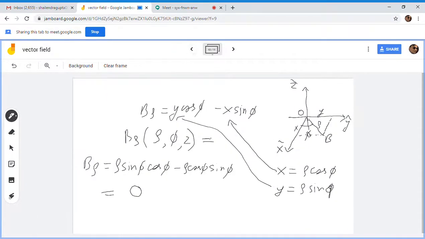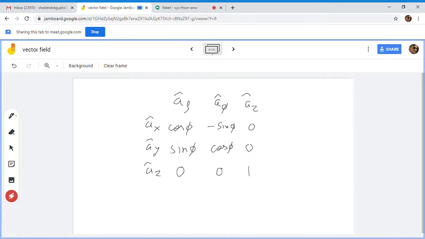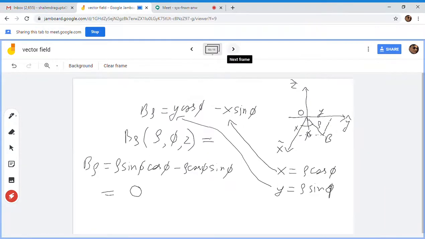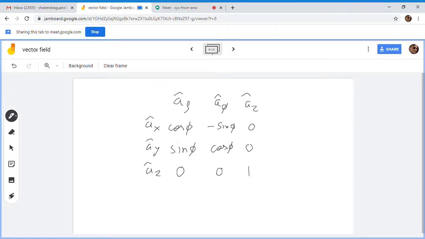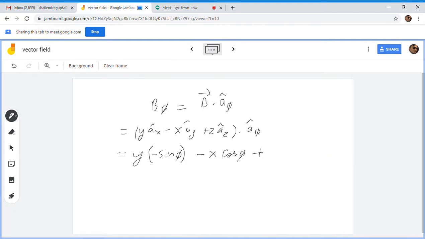Your ax dot a phi is minus sin phi, and your ay dot a phi is cos phi. So let us replace this: y times minus sin phi, and this is x cos phi, plus z az. Az dot a phi is 0, so we can write 0.